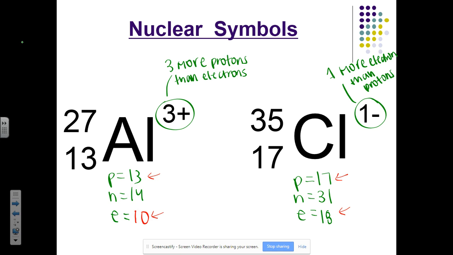Okay, but you do need to understand that if it's positive, that means it has more protons than electrons. And if it's negative, it has more electrons than protons. Okay, and then the trick is if it's positive, you will subtract to get electrons.